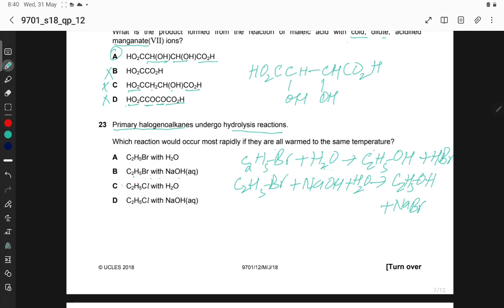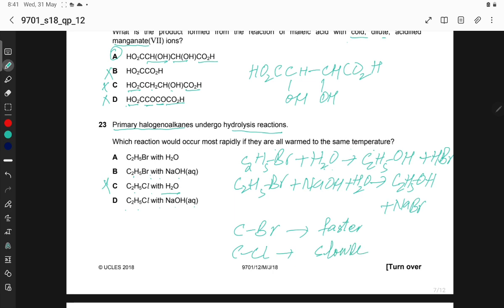C2H5Cl, again water is weak, and C2H5Cl with aqueous sodium hydroxide. The C-Br bond gives a faster reaction, while C-Cl has a slower reaction.